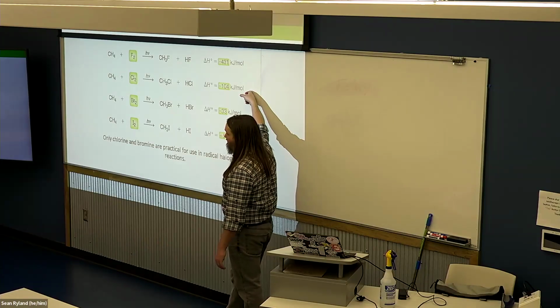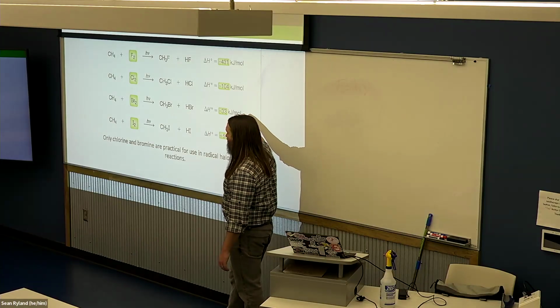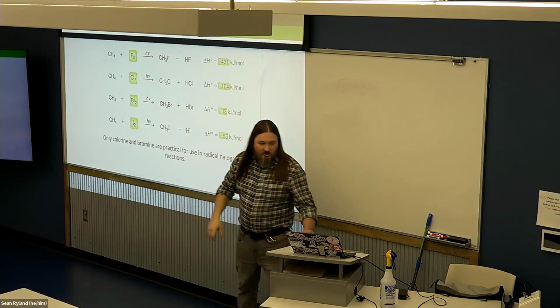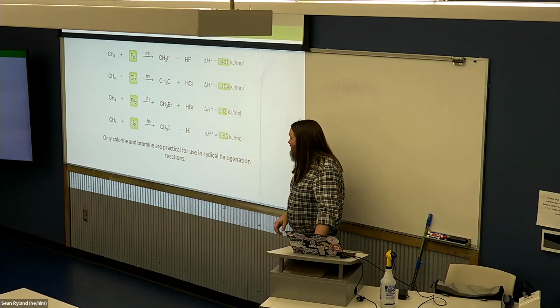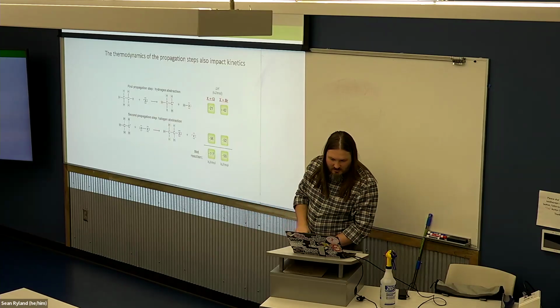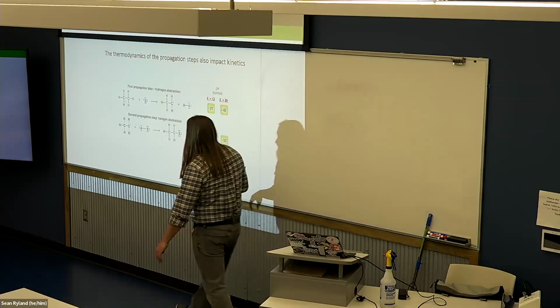Chlorine's harder to work with, but it's faster. Bromine's easier to work with, but it's significantly slower. Turns out that can actually be a good thing, because it means bromine is a lot more selective about where it reacts. Either of these is going to give us the same net results.